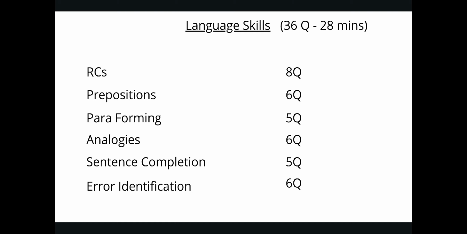Again, since it's adaptive, we are not sure whether the RCs come at the beginning of this test, or in the middle, or at the end. Whatsoever, for the two RC sets, you can dedicate a time limit of 10 minutes. Since we have 28 minutes, the maximum time limit that you can give for RCs is 10 minutes.